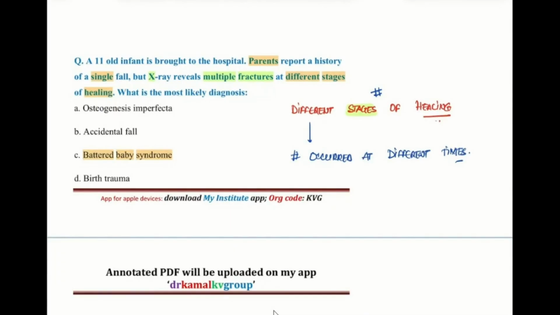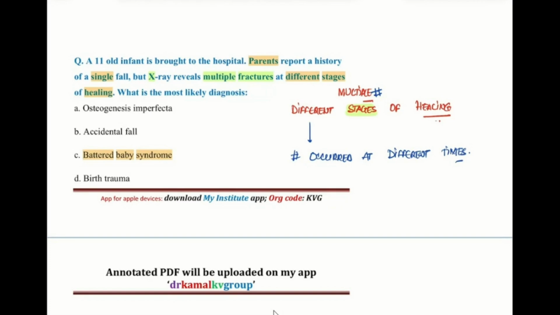Clear? So the moment you have this word, multiple fractures, right? So multiple fractures and in different stages of healing. So some might be in hematoma stage, some might be in granuloma, some might be in callus stage. So it means the fractures occurred at different periods of time. It means the baby was being beaten or assaulted at different periods of time.